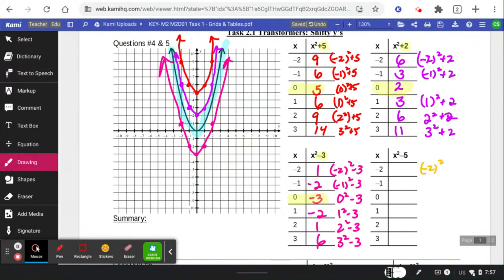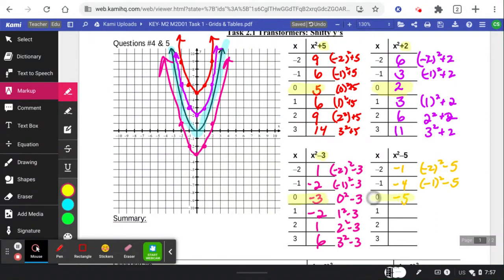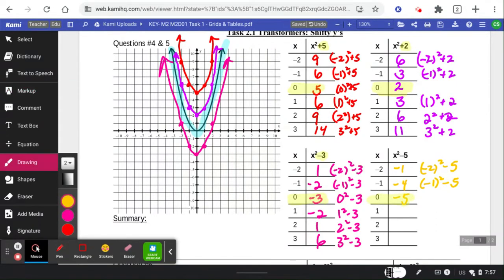Negative 2 squared is 4. 4 minus 5 is negative 1. Negative 1 squared is 1. 1 minus 5 is negative 4. 0, negative 5. There's my 0 term. 1 squared minus 5 is 1 minus 5, which is negative 4. 2 squared is 4. 4 minus 5 is negative 1. 3 squared is 9.